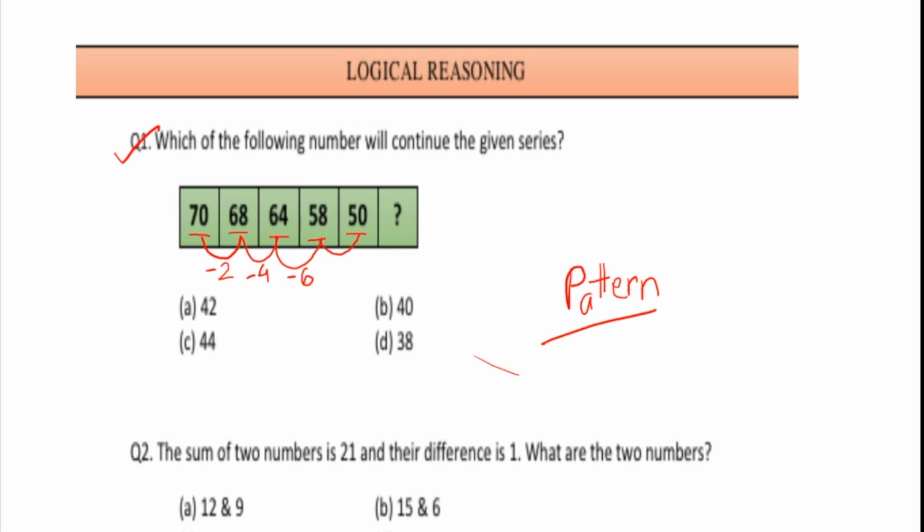Similarly, from 58 to 50, how much do we subtract? 8. As you can see, the subtraction value is increasing by 2: 2, 4, 6, 8. So naturally, from 50 we have to subtract 10. So 50 minus 10 will give us the answer 40. So the correct answer will be B, 40.